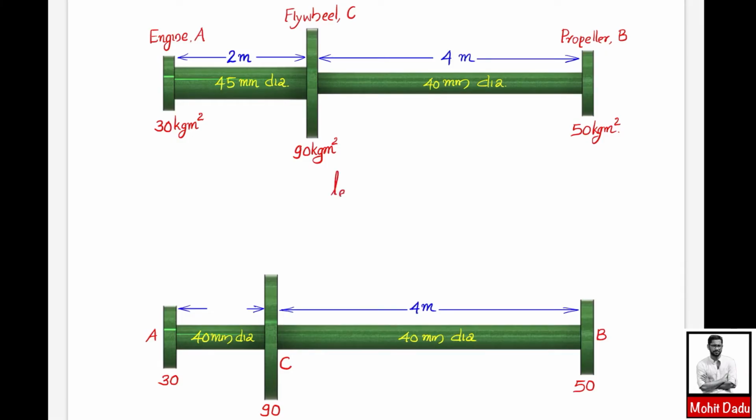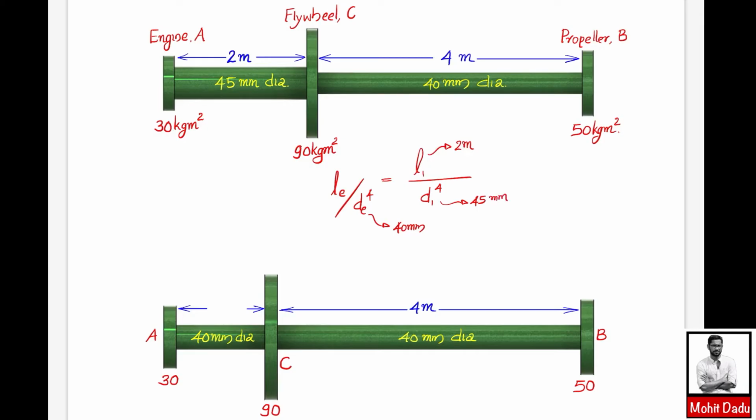The condition is that the equivalent length LE divided by diameter d raised to 4 is equal to the actual length L1 divided by d1 raised to 4. Here L1 is 2 meters and d1 is 45 mm, while the equivalent shaft has a diameter of 40 mm.